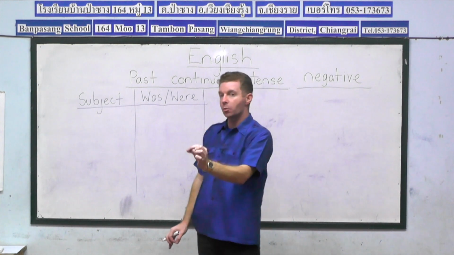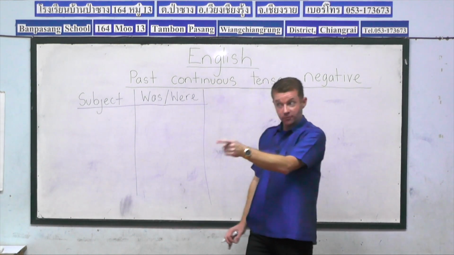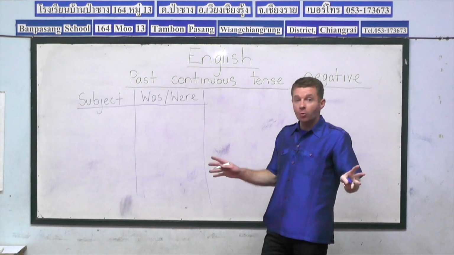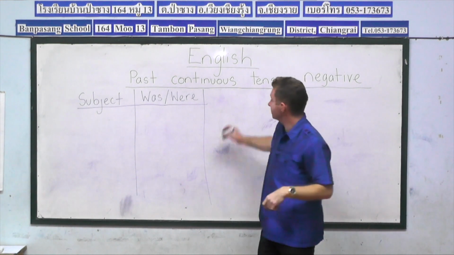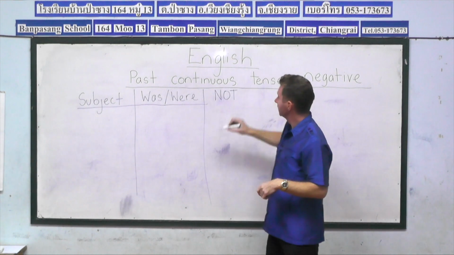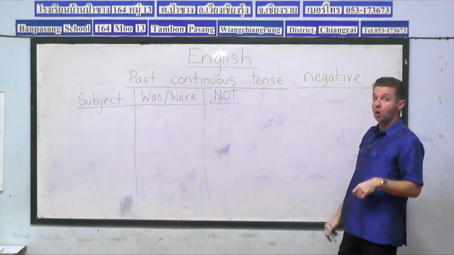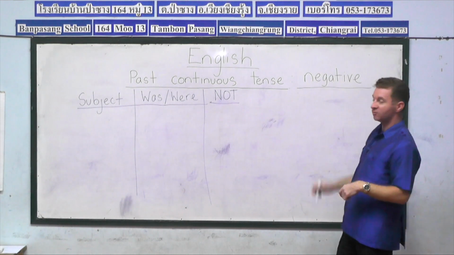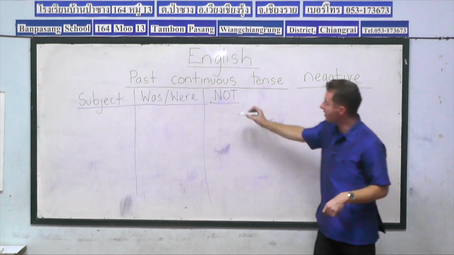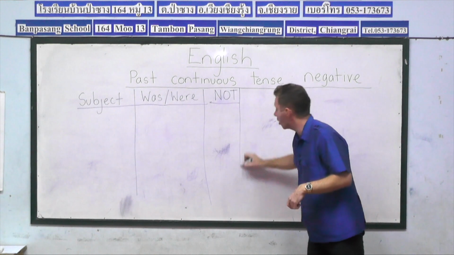Okay. Now, think about the negative sentences you've seen in the PowerPoint presentation. After was or were, for the negative sentence, what word do we use? Not. Okay? That's all we need. One extra word, and that word is not. This word here changes it from the affirmative sentence we know already to the negative ones. Okay? So very important, after was or were, to enter not.